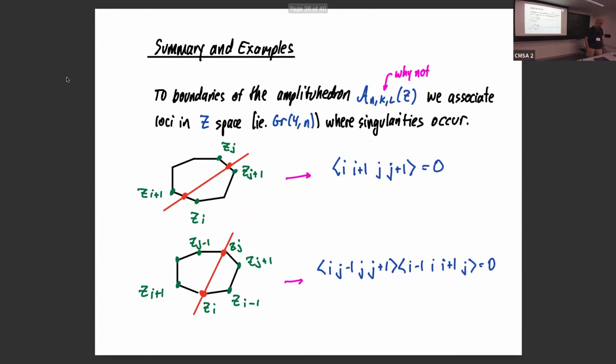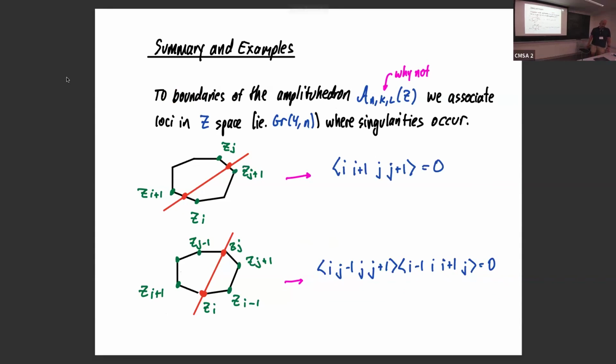So we can use that criterion to associate to each one of these boundary configurations of the amplituhedron a condition on the Z matrix such that the associated singularity is realized. For example, this singularity on the top row is realizable when ⟨i+1, j, j+1⟩ is equal to 0. And the one on the bottom row is realizable either when ⟨i, j−1, j, j+1⟩ is equal to 0, or ⟨i−1, i, i+1, j⟩ is equal to 0.